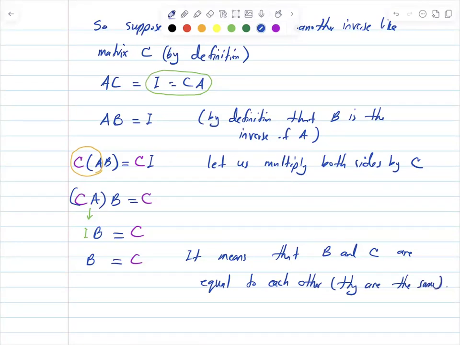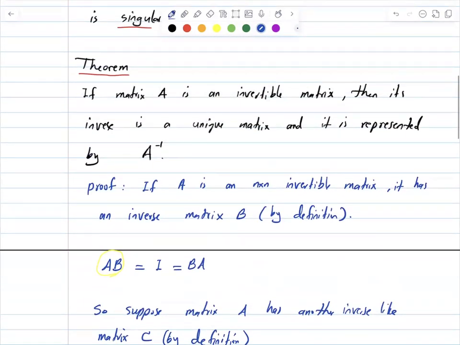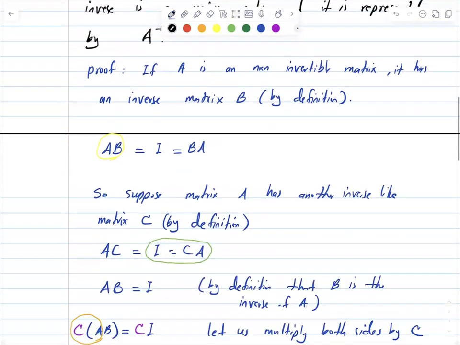So we just proved the uniqueness of the inverse of a matrix. If a matrix has an inverse, that inverse is unique. So let us begin finding the inverse of a matrix. How do we find the inverse? We're going to start by finding the inverse of a 2 by 2 matrix first.